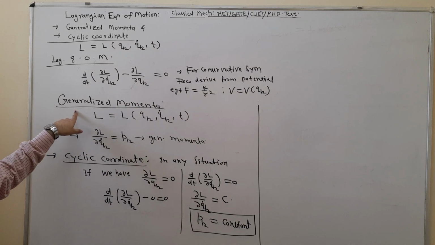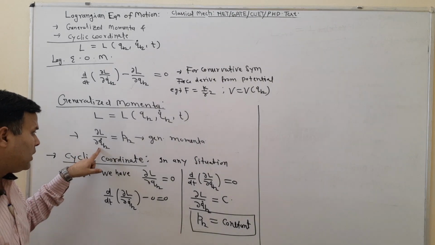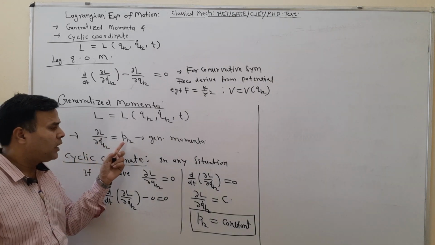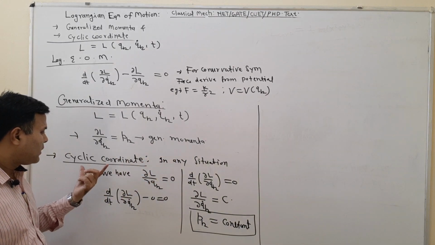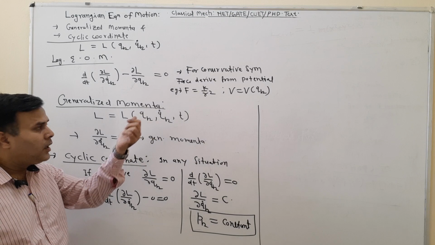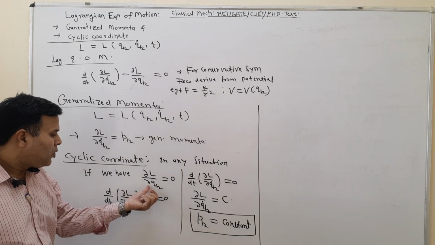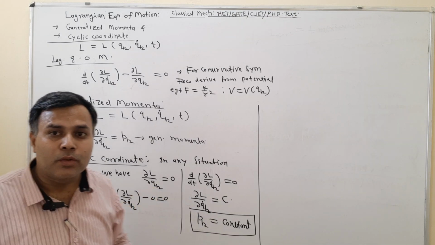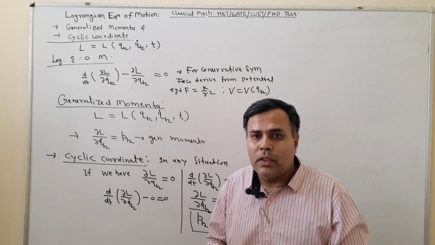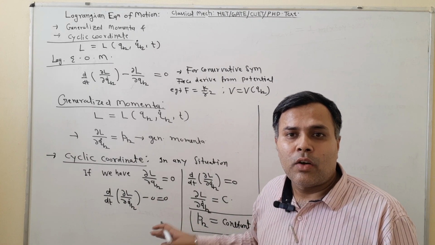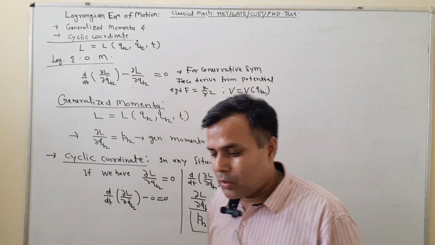The generalized momentum is del L upon del Qk dot, which is Pk. And for a cyclic coordinate, if in a given Lagrangian del L upon del Qk is 0, the corresponding momentum is conserved and constant. That motion is a constant of motion, and that coordinate is known as a cyclic coordinate.